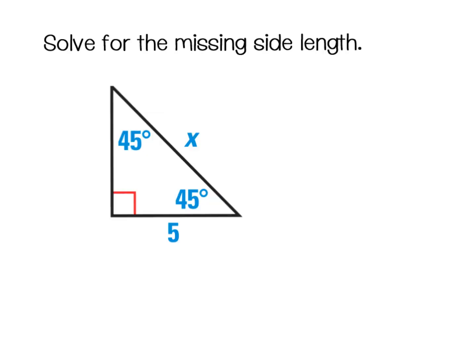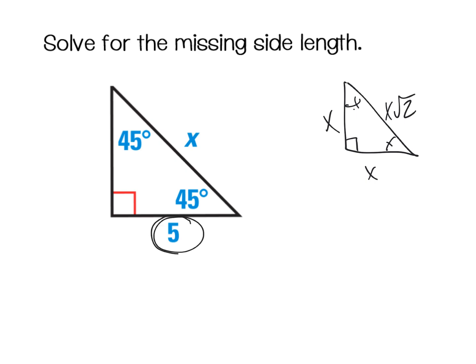All right, so here's our first triangle. I'm going to sketch this out real quick. I'm not going to do this every time, but here's my 45, 45, 90 triangle. On my problem here, I'm given a 5, which is a leg. So that means this leg must also be 5.